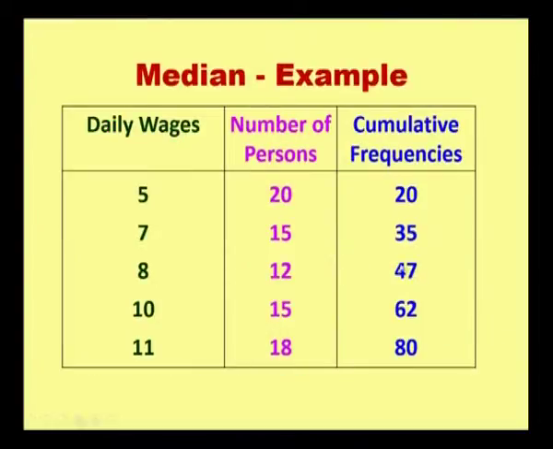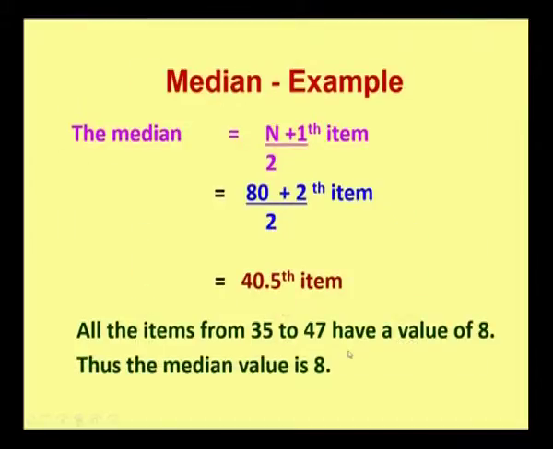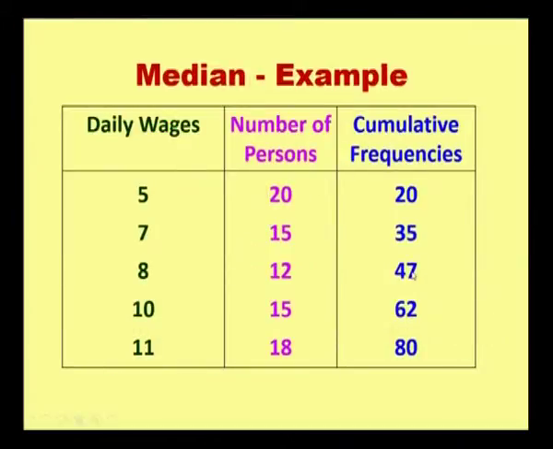Where is it falling? It is falling somewhere in this item, and now we can say that the median value is 8, because 47 has a daily wage equal to 8, and therefore, in this example the median is 8.